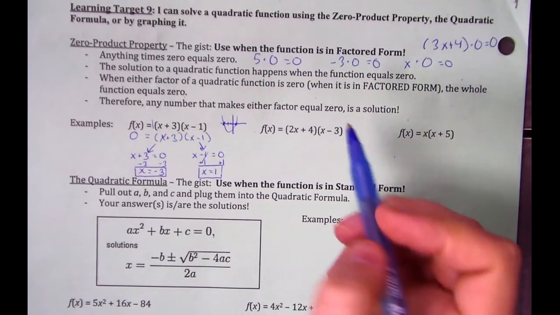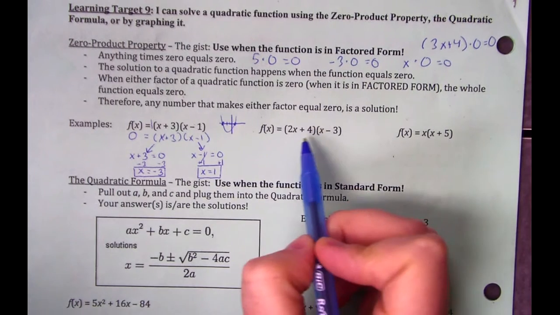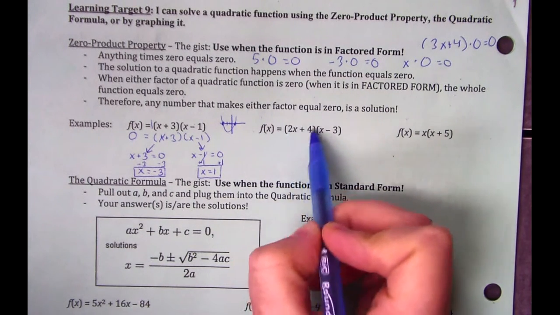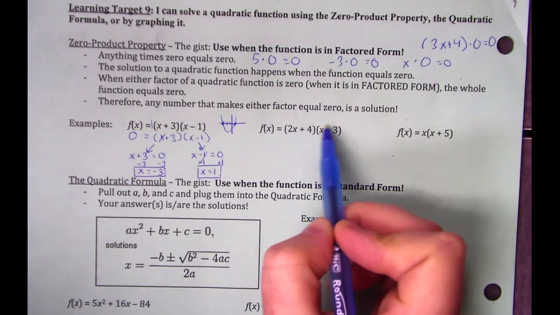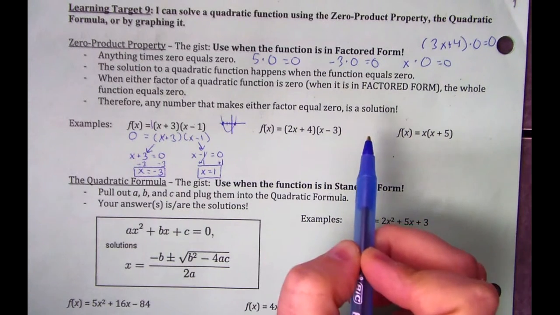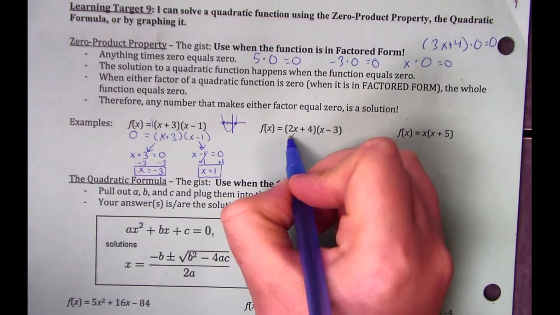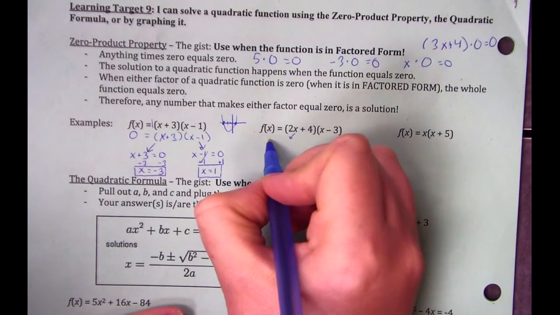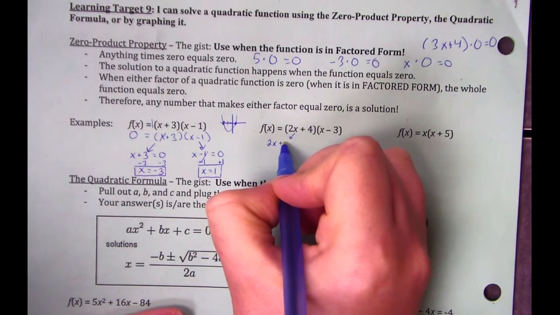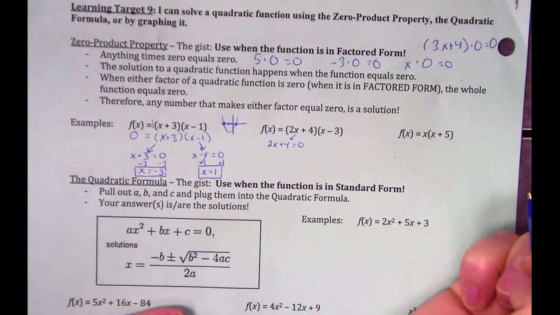Over here, the zero product property, remember, tells us that when either this factor is 0 or when this factor is 0, the whole thing is 0, so those are my solutions. So I'm going to figure out what I have to plug in to this factor for x to make this factor equal 0.